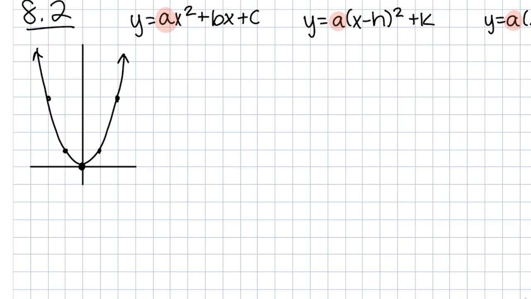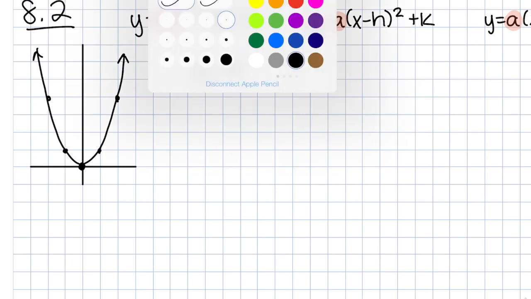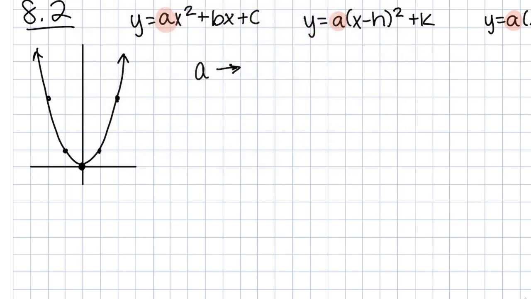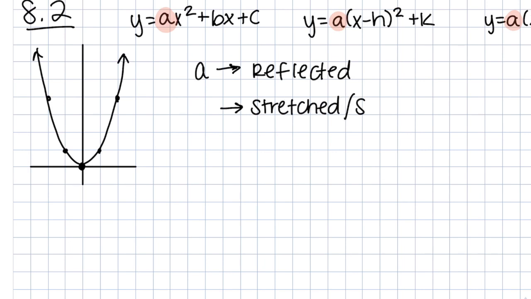So this letter a can do one of two things. It can cause the graph to be reflected over the x-axis. It can also cause it to be stretched or shrunk.